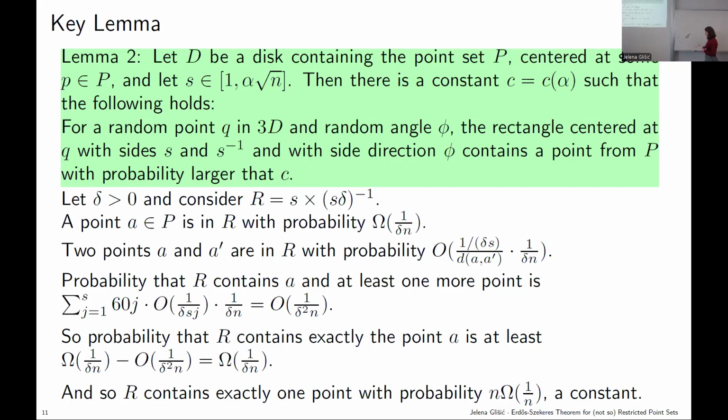And if I go back, the rectangle R was this orange one, and it's a subset of the rectangle from the statement of the lemma. And therefore, this constant will also be a lower bound for the probability that this bigger rectangle contains at least 1 point from my point set. So that is how this lemma works.